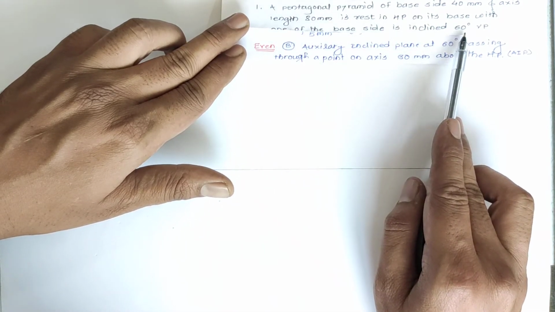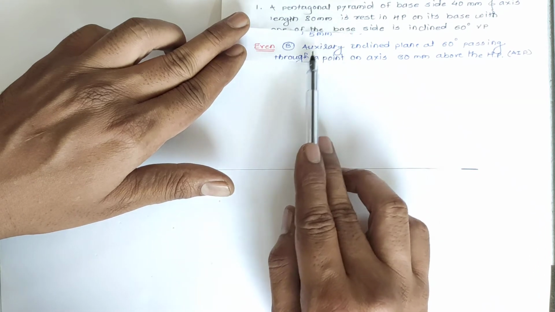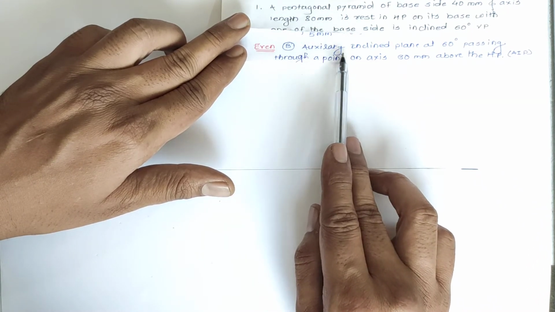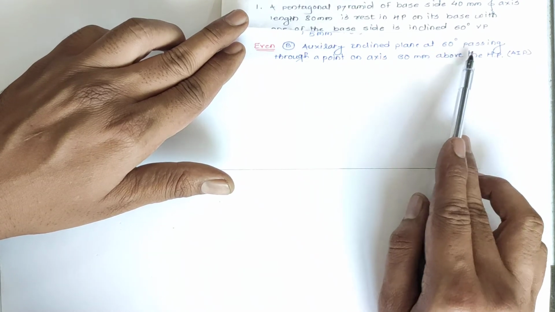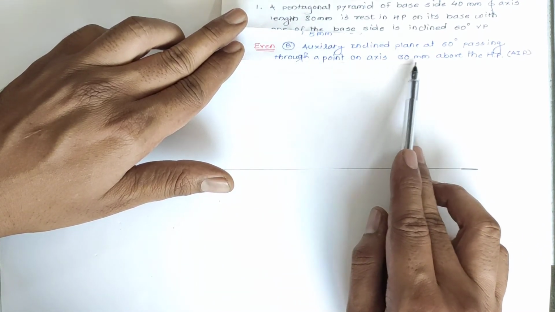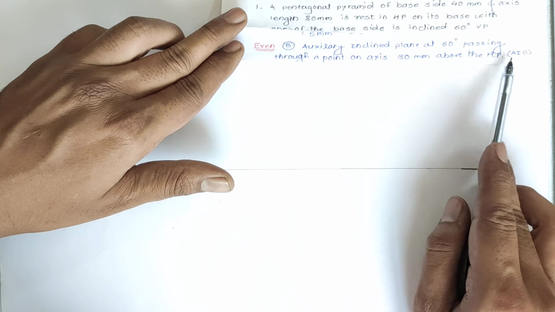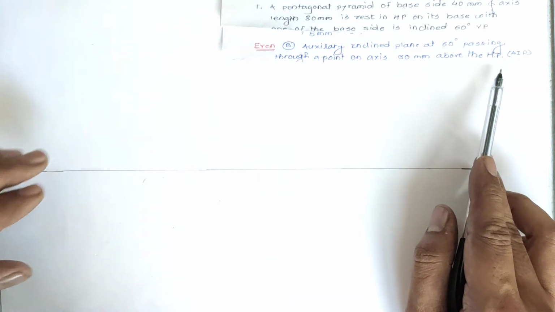Already we have completed this part in the first problem. The condition given is an auxiliary inclined plane, inclined at 60 degrees, passing through the point on the axis that is 30 mm above the HP. AIP means auxiliary inclined plane. So we have to draw the 60 degree line first.